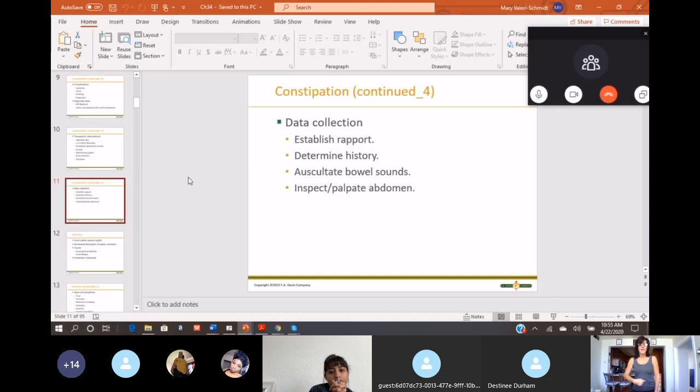But the umbilicus is kind of like the center point, and you divide the abdomen into 4 quadrants, and you're going to listen to each quadrant. If you don't hear anything, you must auscultate with your stethoscope for a full 5 minutes per quadrant. 5 minutes in each quadrant. Okay? So upper quads, lower quads.